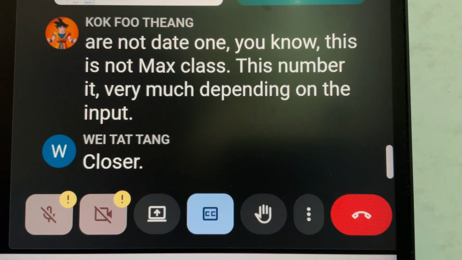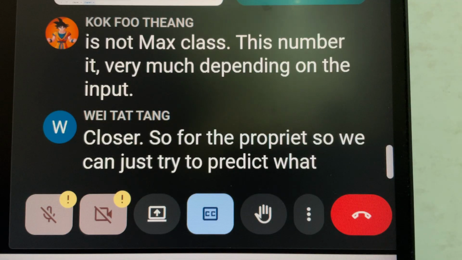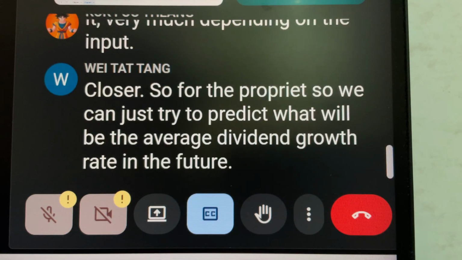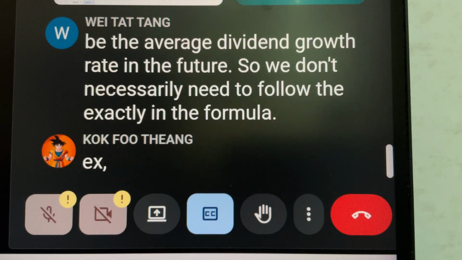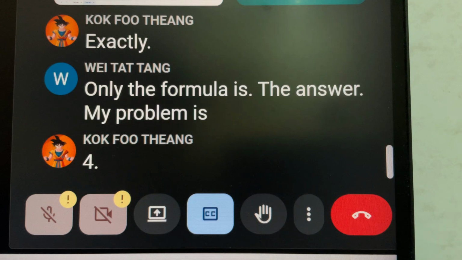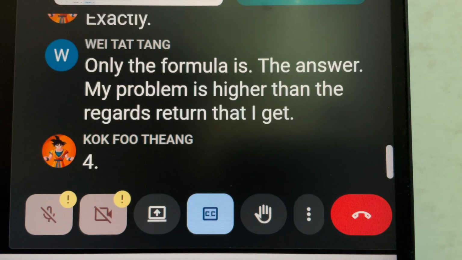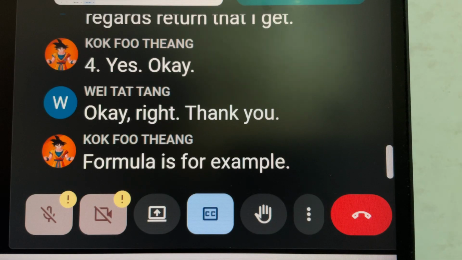So, sir, for the growth rate, we can just try to predict what will be the average dividend growth rate in the future, right? So we don't necessarily need to follow exactly the formula. Exactly. Currently, the answer from my formula is higher than the required rate of return that I get. Yes. Formula is for exam. Correct.